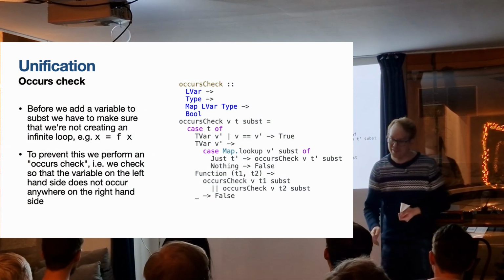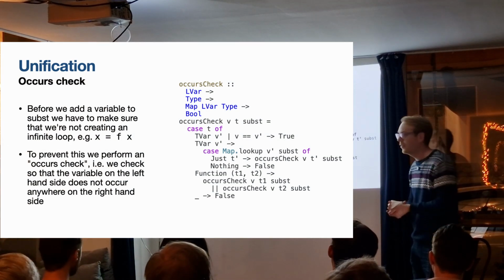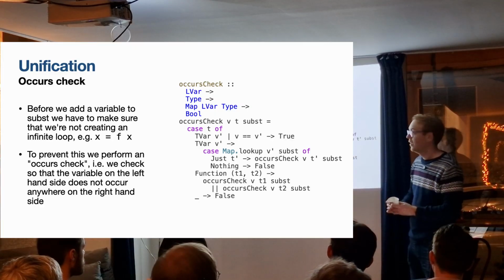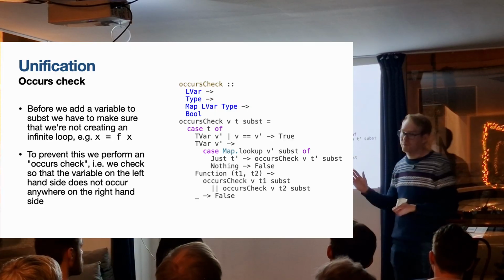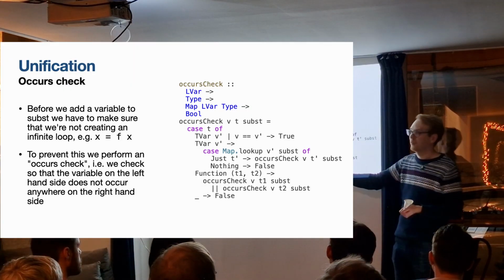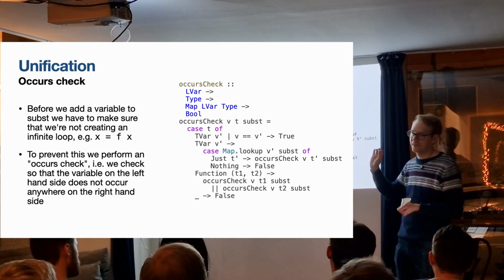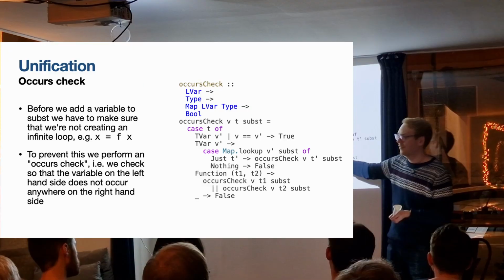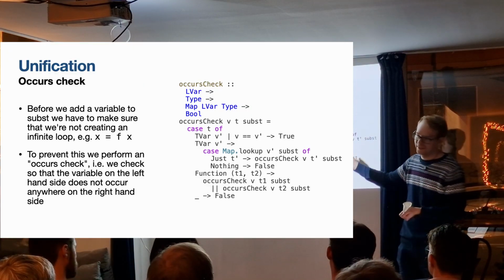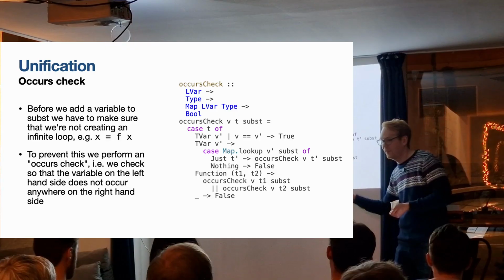And just like you mentioned, what happens if we have a recursive definition somewhere? Because you could write something like x is equal to x, or even more subtle, you could have x on the left-hand side, and then somewhere in a subterm on the right-hand side, you also have an x.